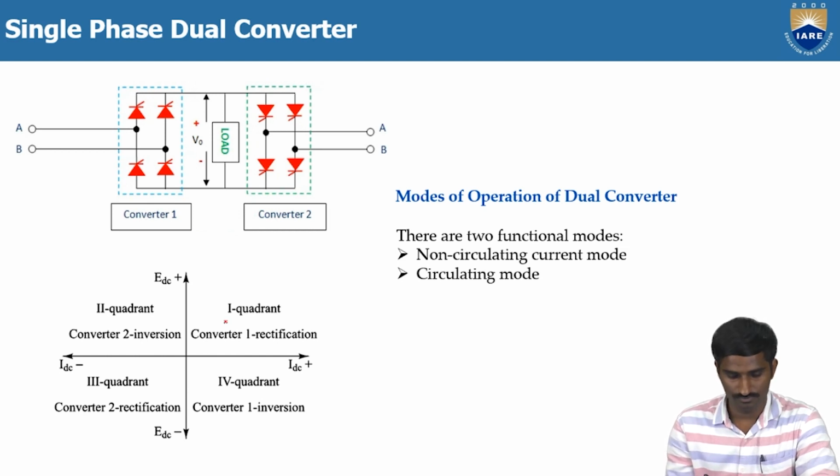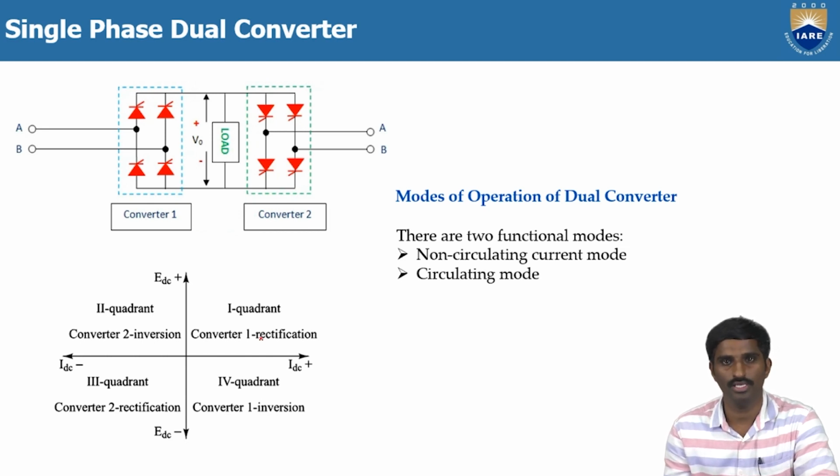Converter 1 operates in the first and fourth quadrants, and converter 2 operates in the second and third quadrants. In the first quadrant, converter 1 acts as a rectifier, and in the fourth quadrant the same converter acts as an inverter.